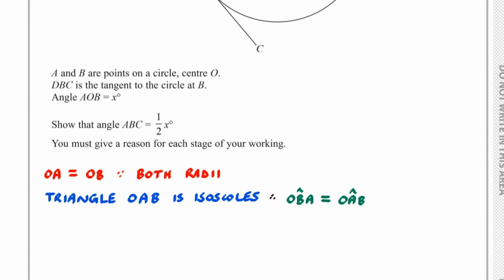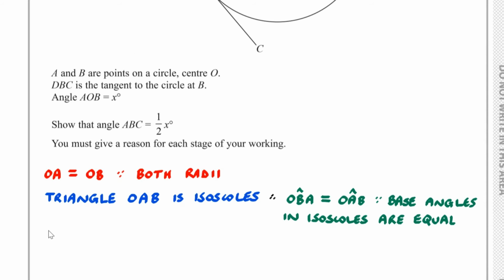And that's because the base angles in an isosceles are equal.